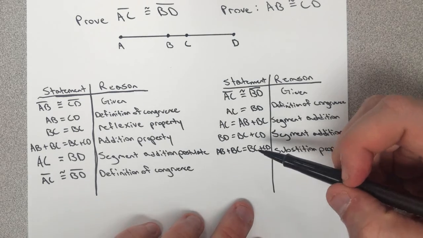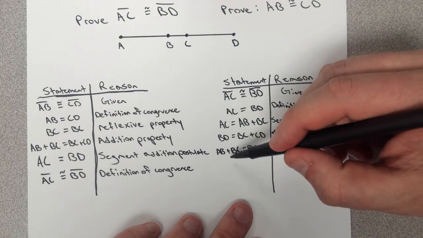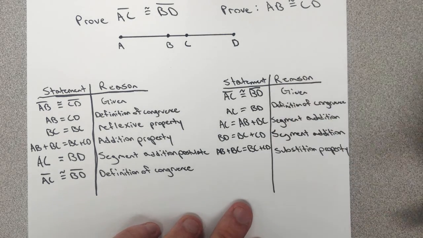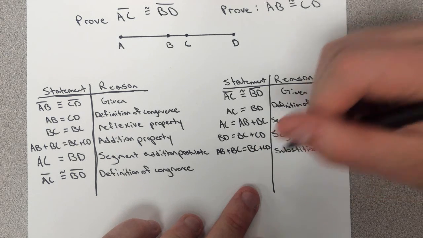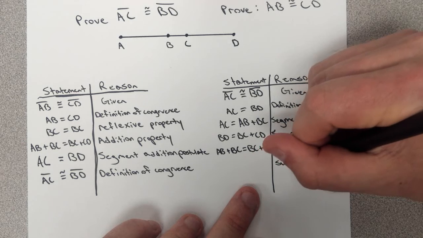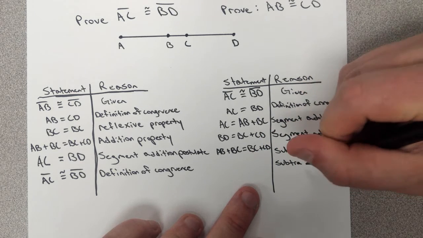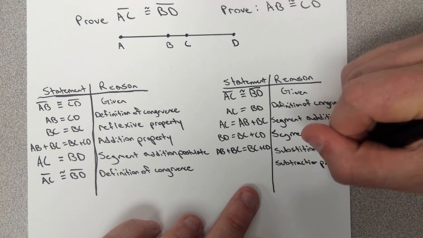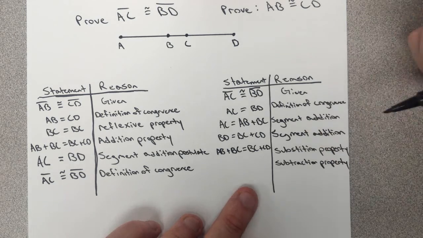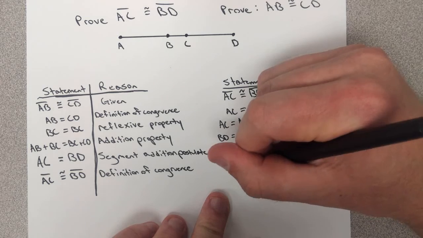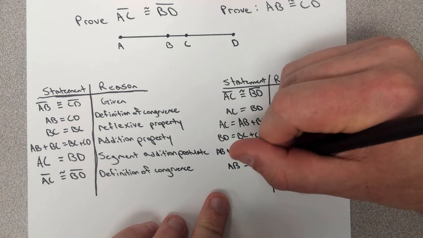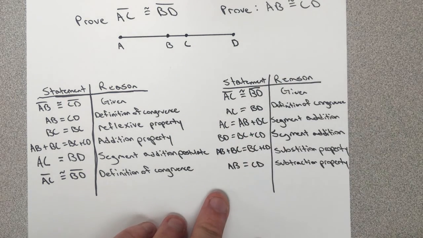Now I need to subtract that BC away from both sides. It's the same piece, so we can use the subtraction property of equality to subtract those out. And then we would just have AB is equal to CD.